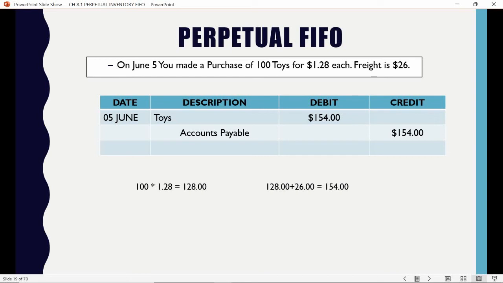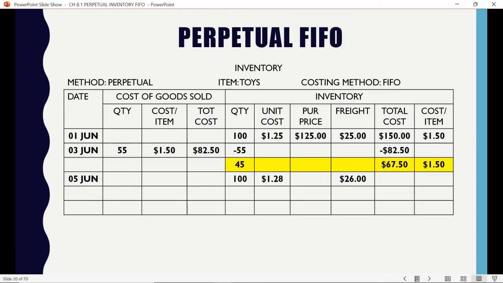But then on June 5th, we end up making another purchase of 100 toys for $1.28 each with a freight of 26. So once again, I'm going to pop it in here because I still have a remainder of 45 on here. My second batch of inventory is 100 at $1.28 with a freight of 26.